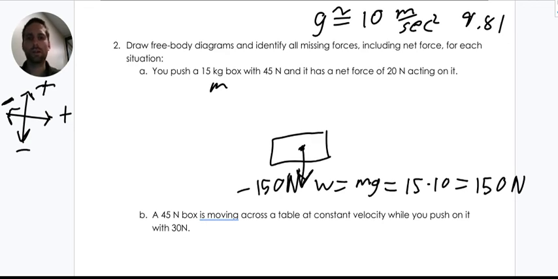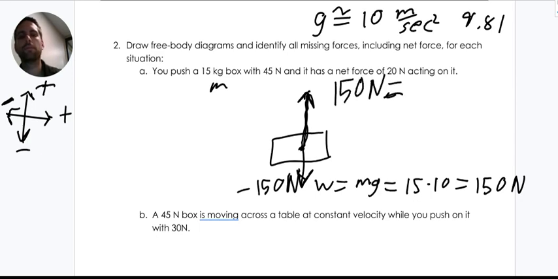If the box is on the ground, the net force going up has to be 0. So the force going up, the normal force, has to be 150 as well, because it has the same value as the bottom one, but the sign will be switched because it's pointing upward.